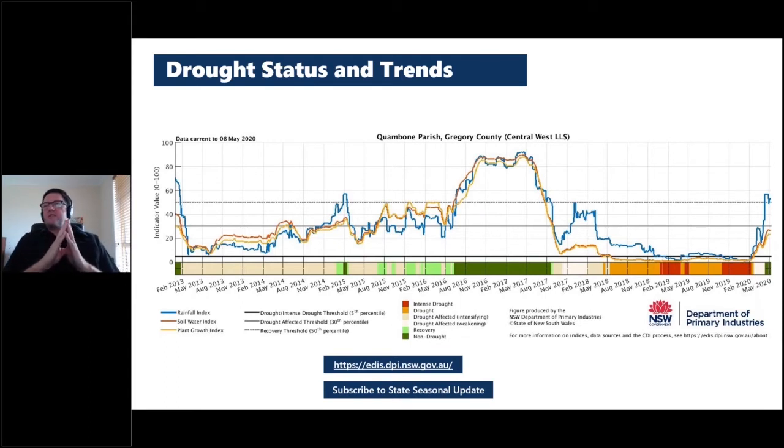How strong is the transition? How sustained is the transition? All these sorts of practical questions which people on farms in your region are grappling with, and that's the guts, I guess, the important bit of information that we're going to look at. What are our expectations going forward?